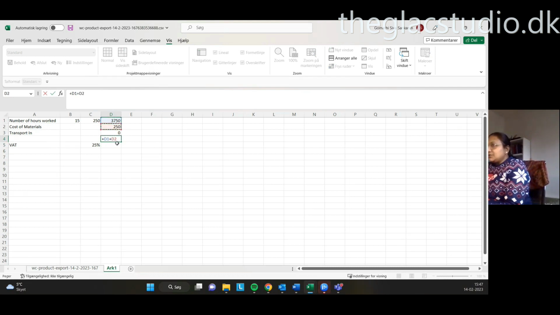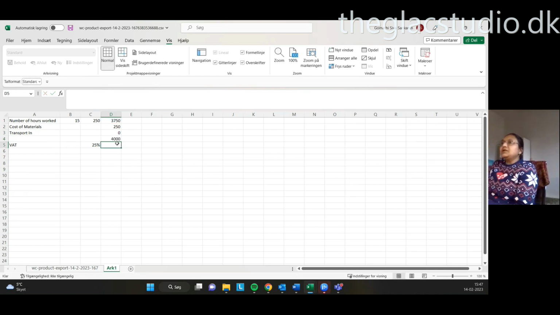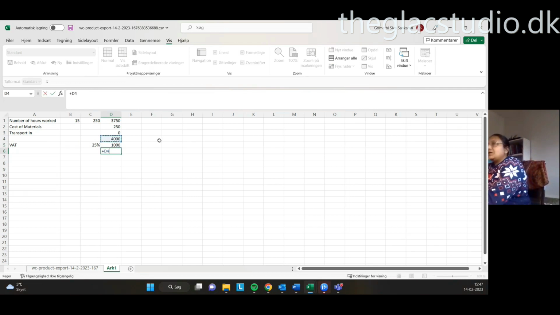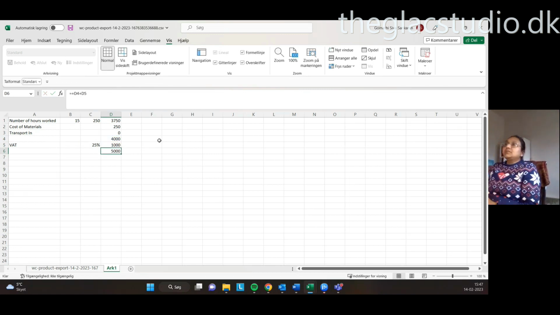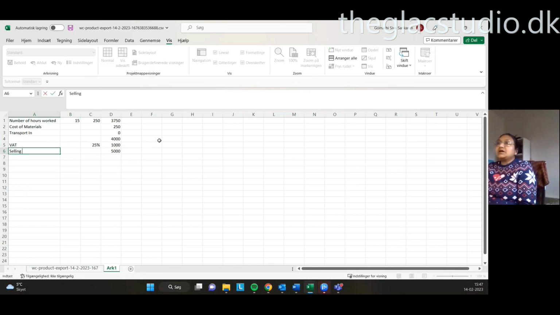I'm just adding it for you to keep that in mind if you are spending money on it, that's important. And then if we apply this percentage, we will get an amount. That's the VAT. So adding that VAT, we come to the total selling price of the product.